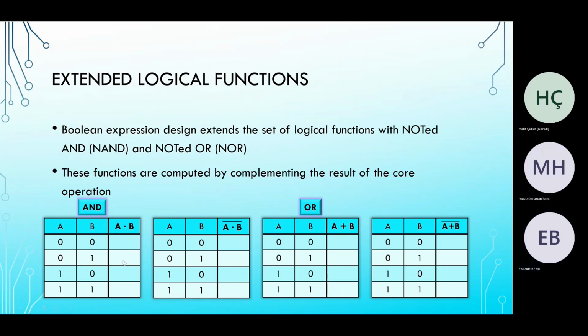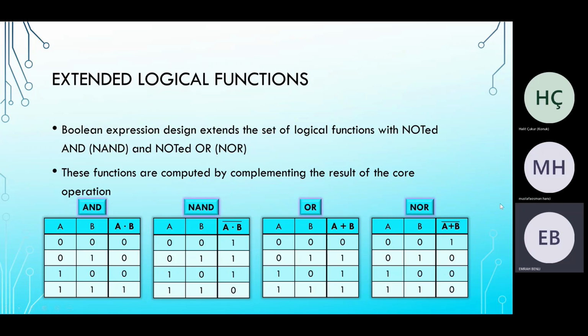This one? Again 0, and third one is 0, and only the fourth one is 1. So what about A or B? First one is 0, I think, and the other ones are 1. 1, 1, 1. Yes, that's correct. So that's what we know already.